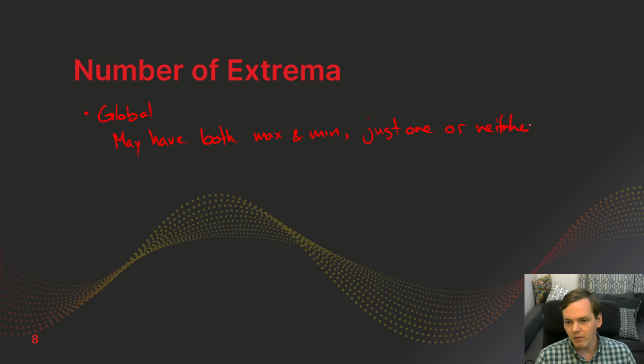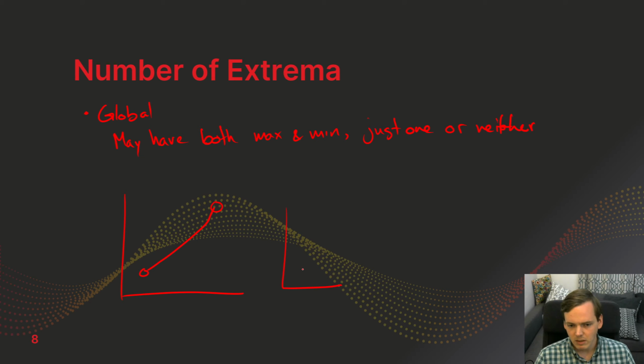So you can have neither, just one, or both. And some examples of this, something like this has neither a global minimum or maximum because the endpoints aren't defined, so you can always get a smaller number.